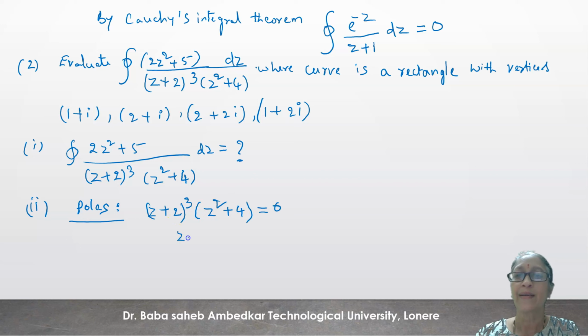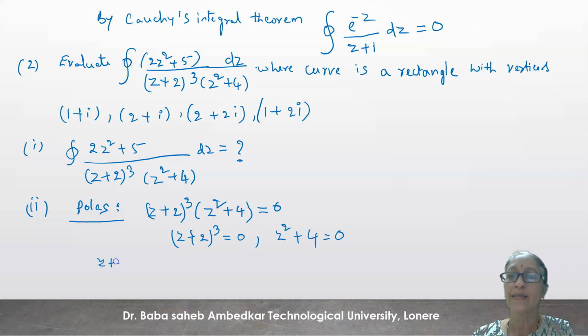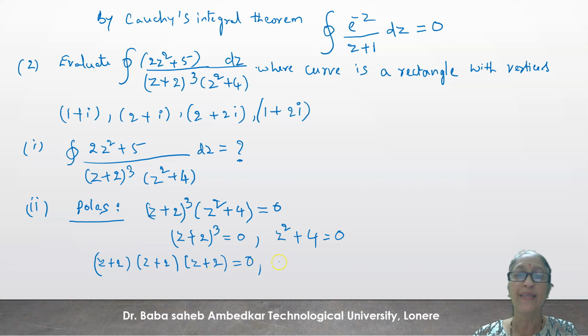Each bracket will be equal to 0. Here (z plus 2) whole cube means (z plus 2) into (z plus 2) into (z plus 2); this bracket you should write 3 times. And z square plus 4 means z square plus 2 square equal to 0.